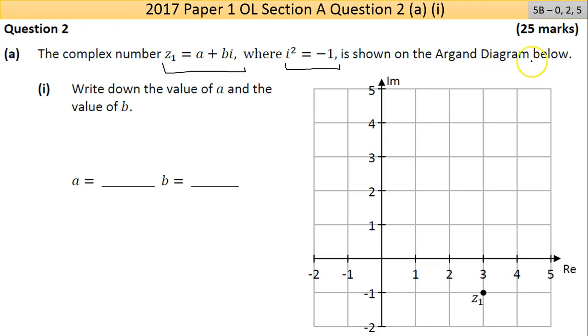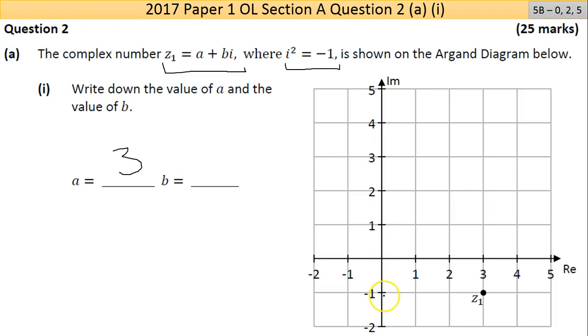Argand diagram here. Sorry, it's not blank, there's a complex number Z1 marked on it. You have to read off the real part and the imaginary part. The real axis is the equivalent of the x-axis, so it's at 3. That's the a in the complex number, a plus bi. The complex number you have is 3, and then the bi, so where is it on the imaginary axis?